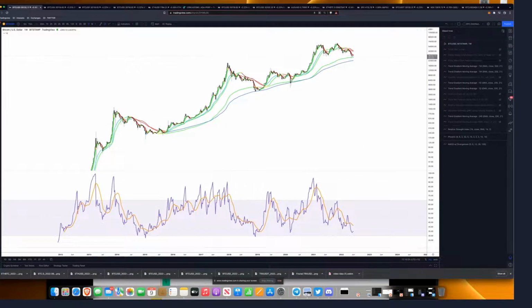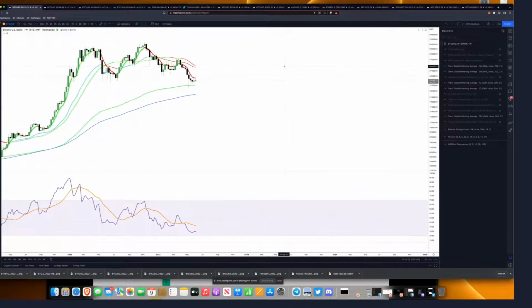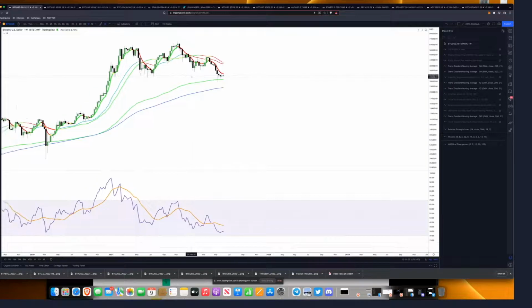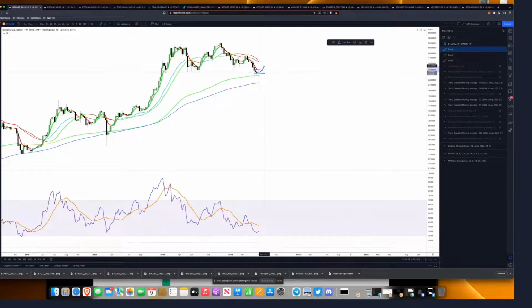So what we can do is, on the weekly, if we zoom in a bit, you can see how that moving average is on the weekly, actually that's still the 4 hour, sorry. We have that range. It might go up a bit and then come down to what I was talking about.